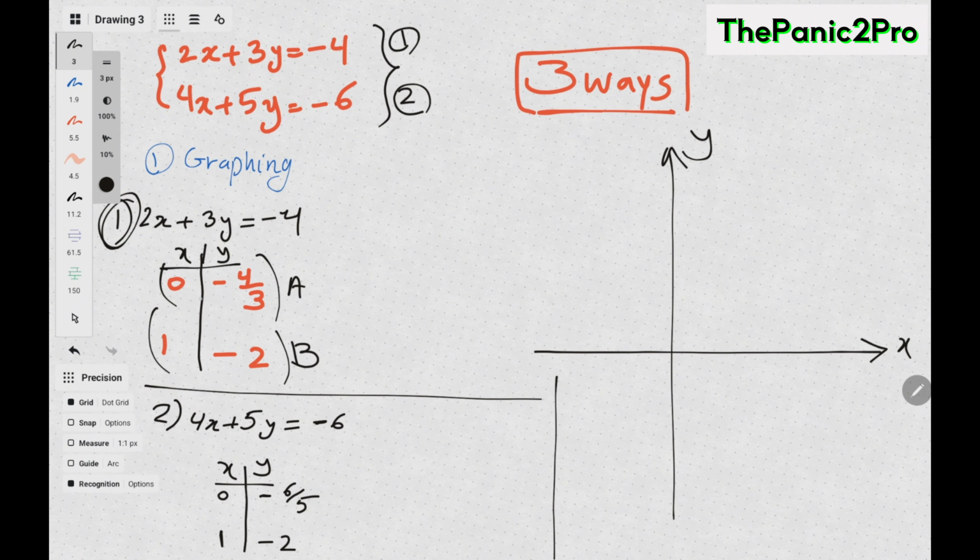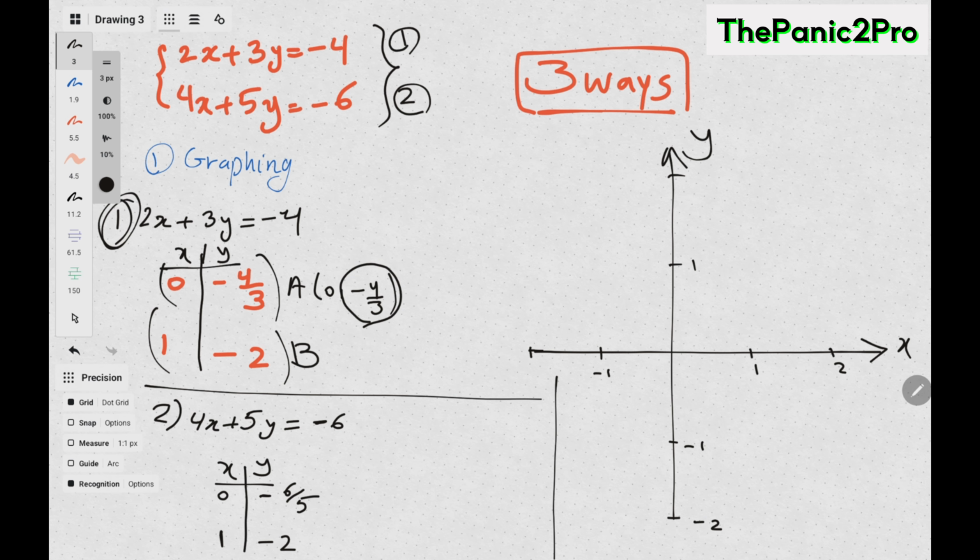So for A, I have a coordinate of 0 and minus 4/3. Let's figure out where that is. This estimate is like 1, 2, minus 1, minus 2. Okay, so 0 and minus 4/3, this is the y.